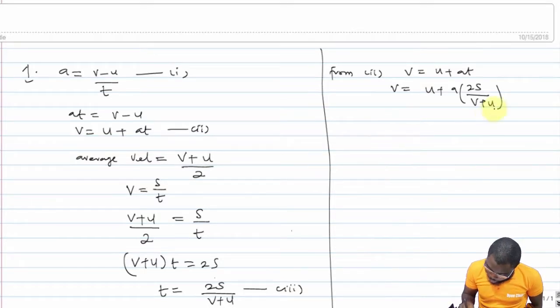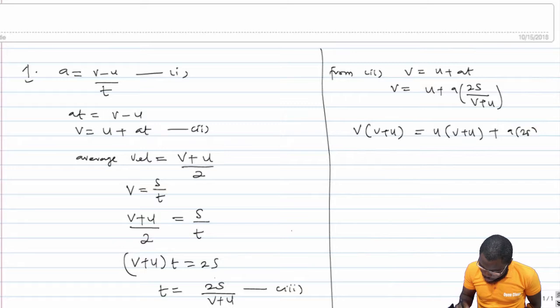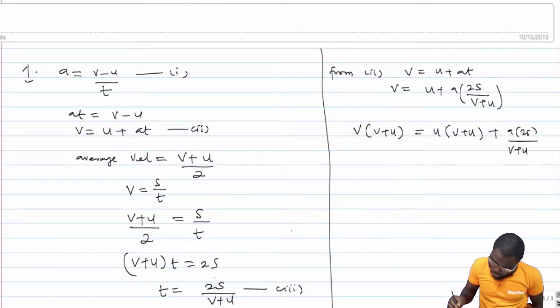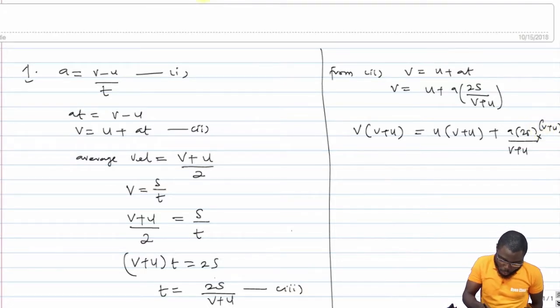So from now, I can cross multiply with V plus U. That will give me V into V plus U equals U into V plus U. You multiply every term through by V plus U, and plus here in 2S, V plus U times V plus U. You realize that V plus U, let me write that properly so you could see it, times, let me put it in bracket, V plus U. Now this V plus U would cancel.